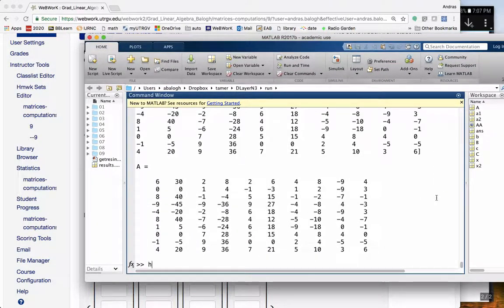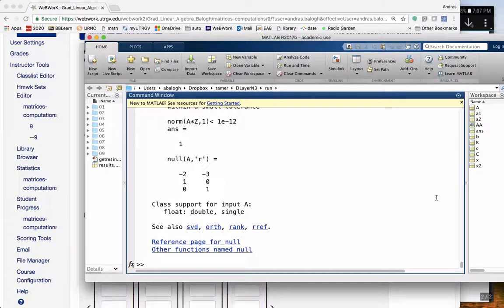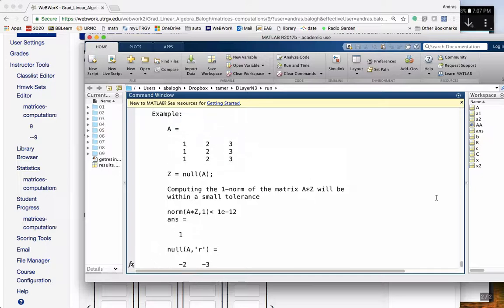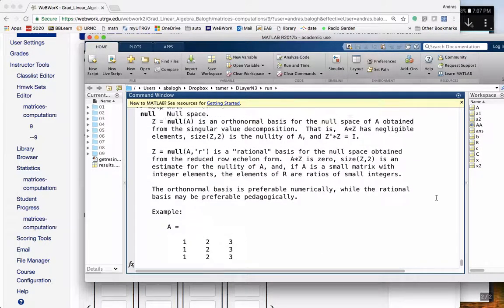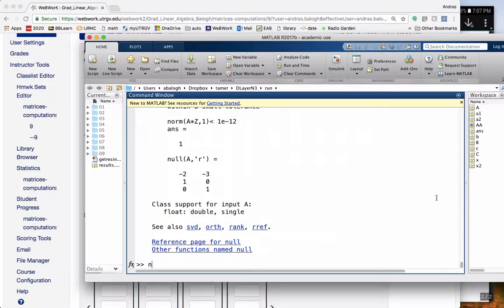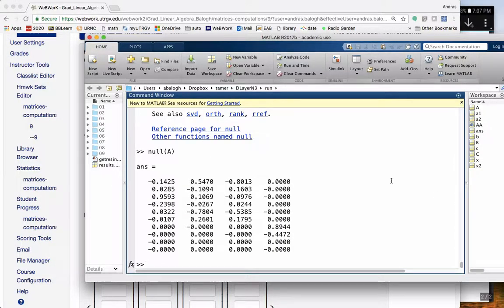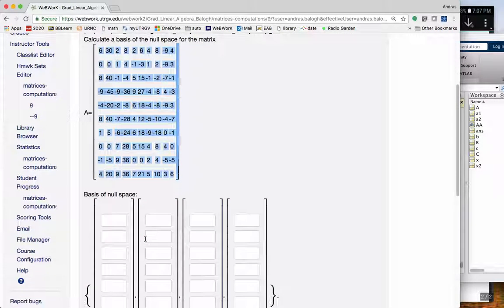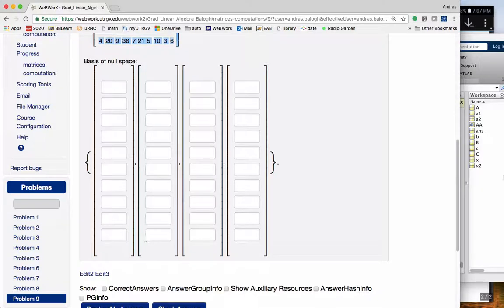And then if you do a help null, it talks about the null space. It mentions there are different ways of calculating it. If you type null A, it gives you 4 columns in this case, and WebWork is expecting 4 columns because it turns out the null space has dimension 4.